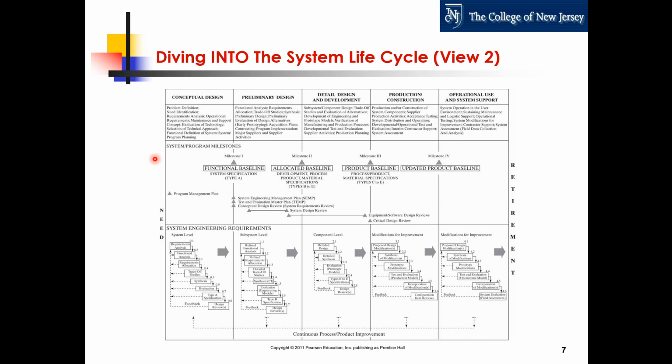System design review, and equipment, software design reviews, and critical design review before we go into production. The elements of what needs to be discussed and touched upon in these reviews are also given to you as tools that you can use. Okay?